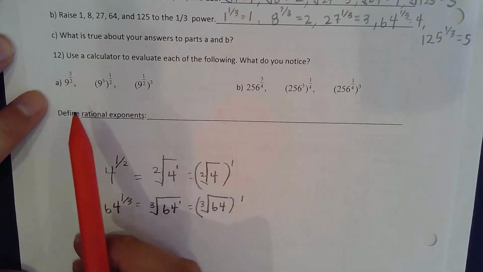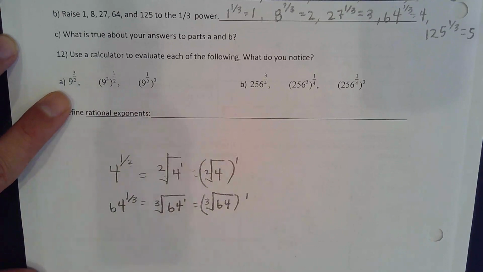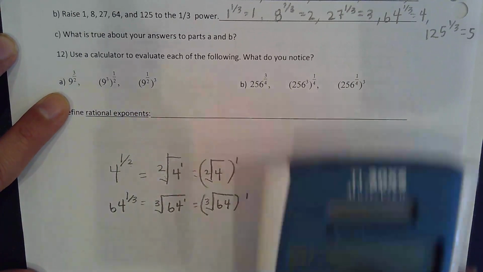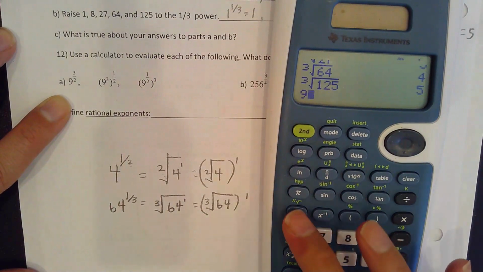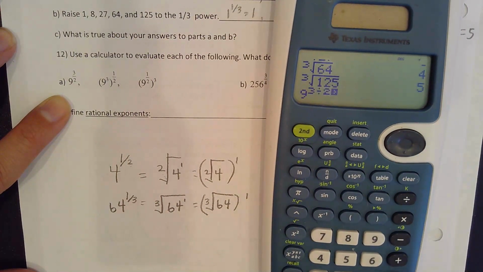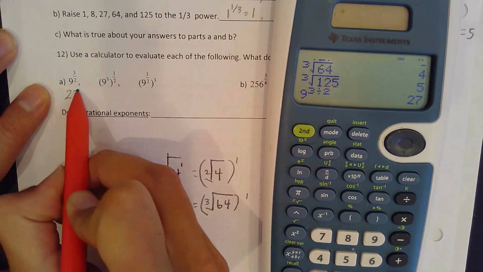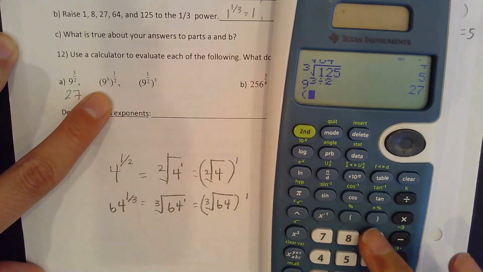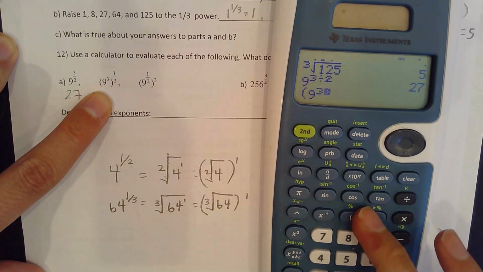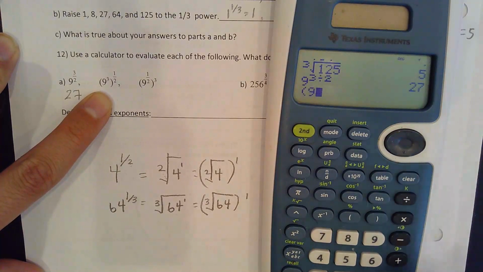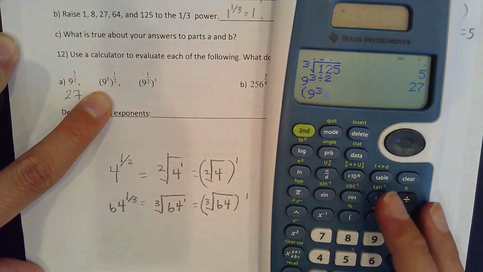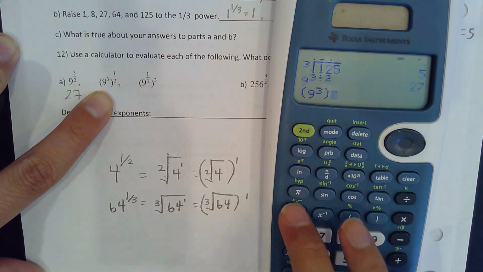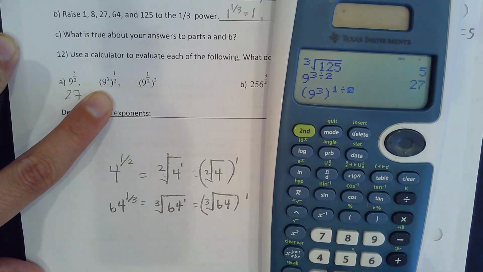So let's take a second and do these. Put these in your calculator and see what happens with them. Are they the same? So 9 raised to the 3 divided by 2 is going to give you a 27. 9 raised to the 3rd power, and that's going to be raised to the 1/2 power.